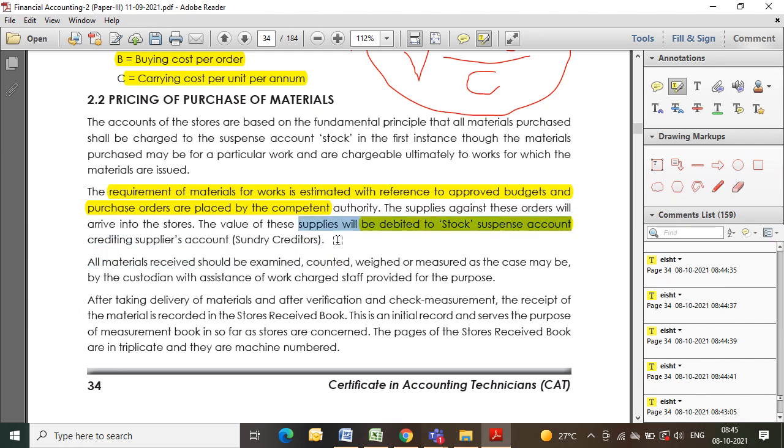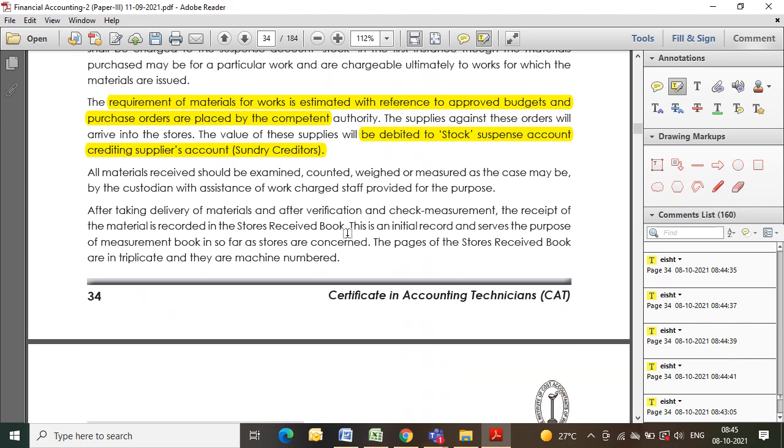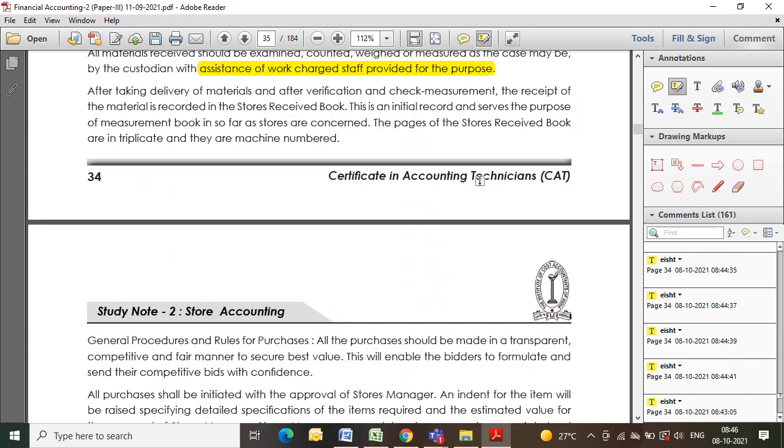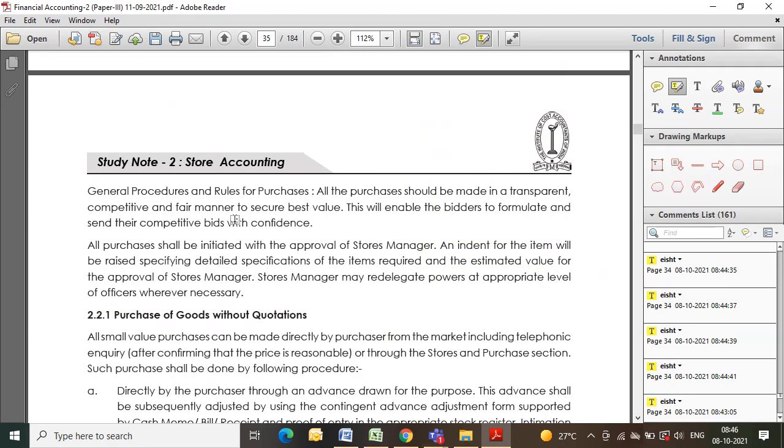Typically, suspense is never used, but this is just for the explanation because we don't know for what purpose. Hence, we are putting it in suspense. This is theoretical, but never use this in practice because suspense is never used in practice. So there is a book here, which is the store book. The moment you receive material, you put an entry here. The moment you transfer it, you transfer from there also.